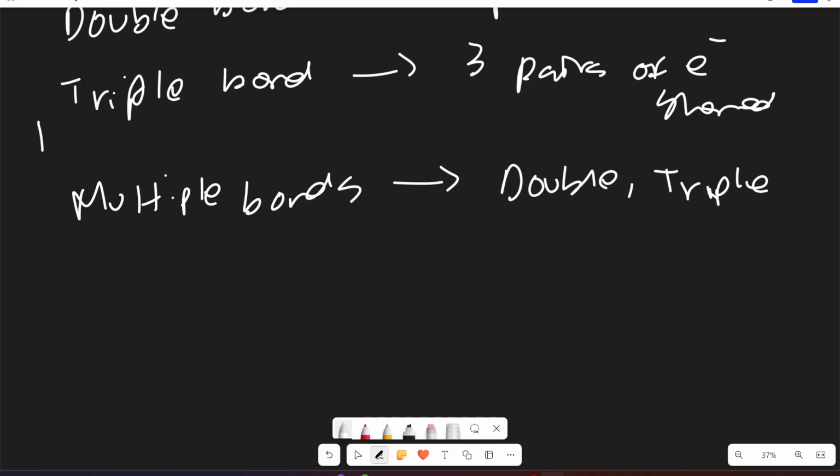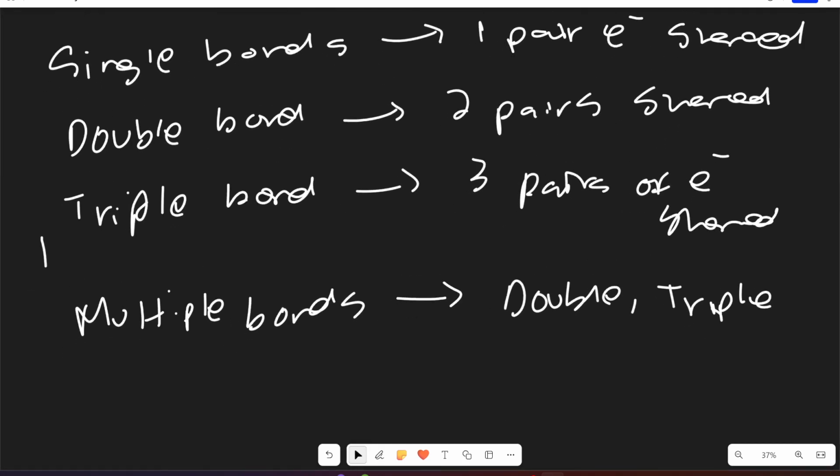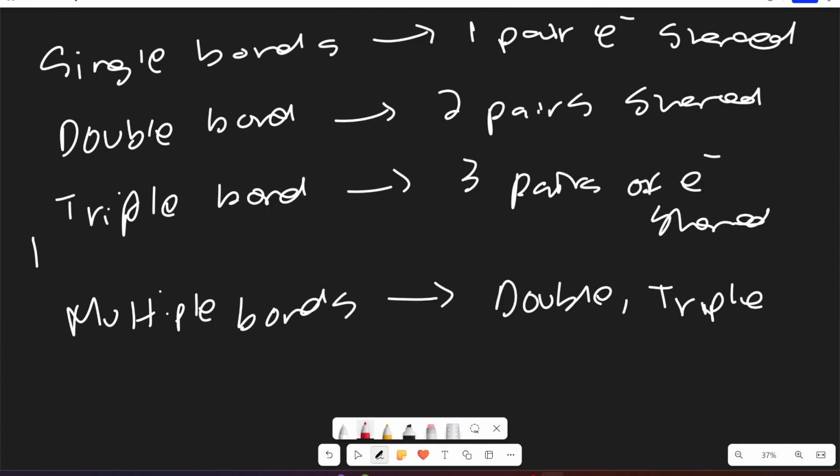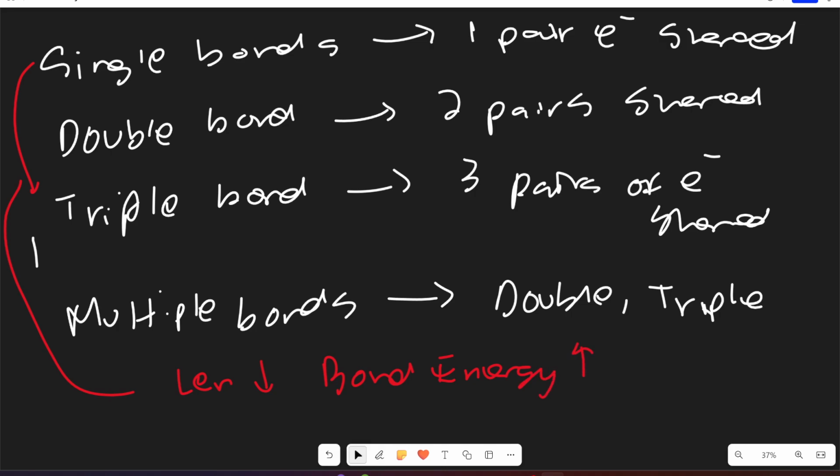Just a reminder, as we go down this list, our bond length goes down, but our bond energy goes up. That's because there are more electrons being shared in the triple bond, meaning we need more energy to form or break a triple bond than a single or double bond.